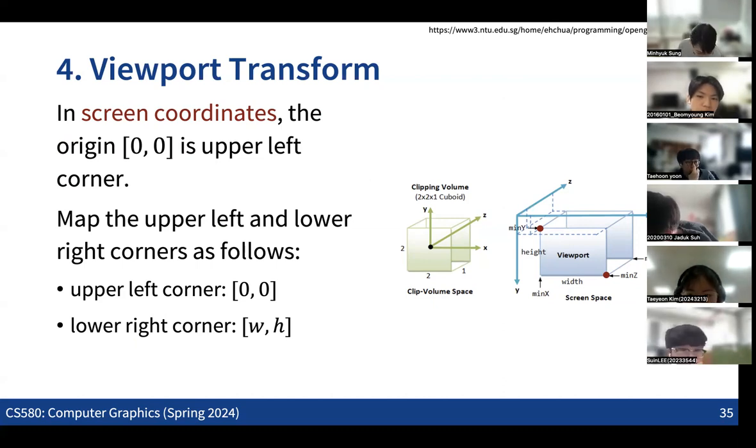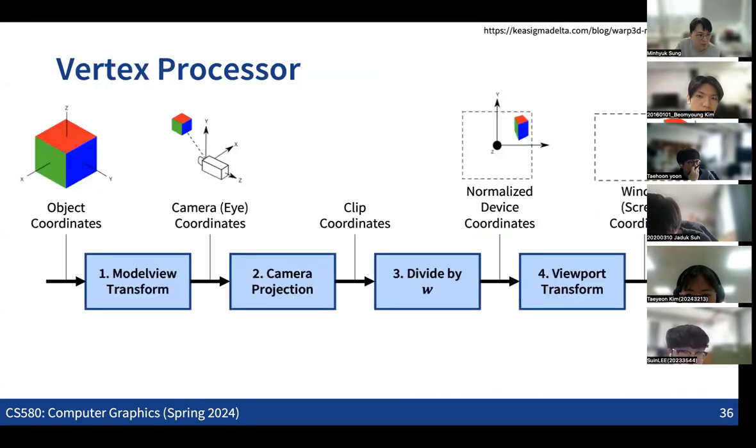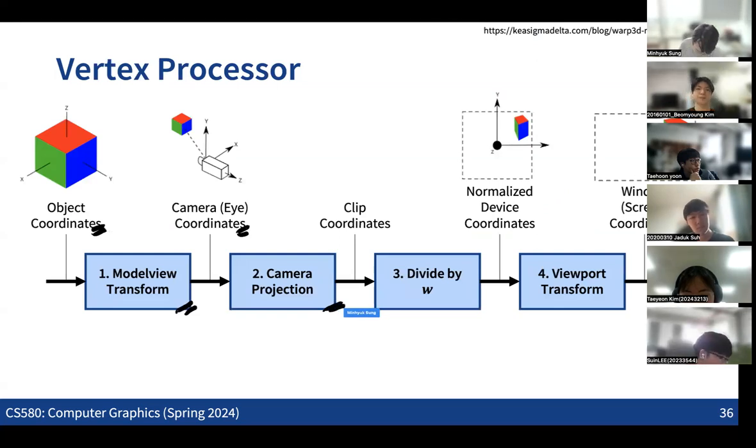So this is all the process that we are doing in the vertex processor. We have the model view transformation, which converts the object coordinates into the camera coordinates, and the camera projection, which multiplies by the 4x4 matrix, mapping the camera coordinates into the clip coordinates. Then we divide by W to get the final output coordinates for the projection, while preserving the z information for the depth test.